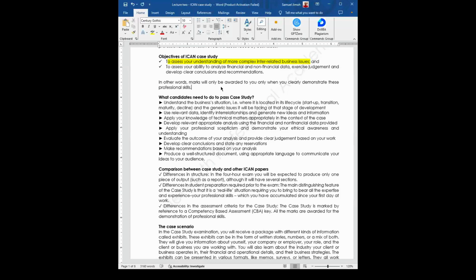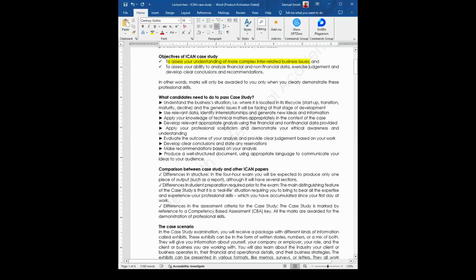What it means is that what we want to do in these classes, at the end of the day, is analyze the case, then make a report. So, for your report, there are certain skills that the examiners, the assessors, are interested in. Those are the skills. So it is only when you demonstrate these skills that marks will be awarded to you.